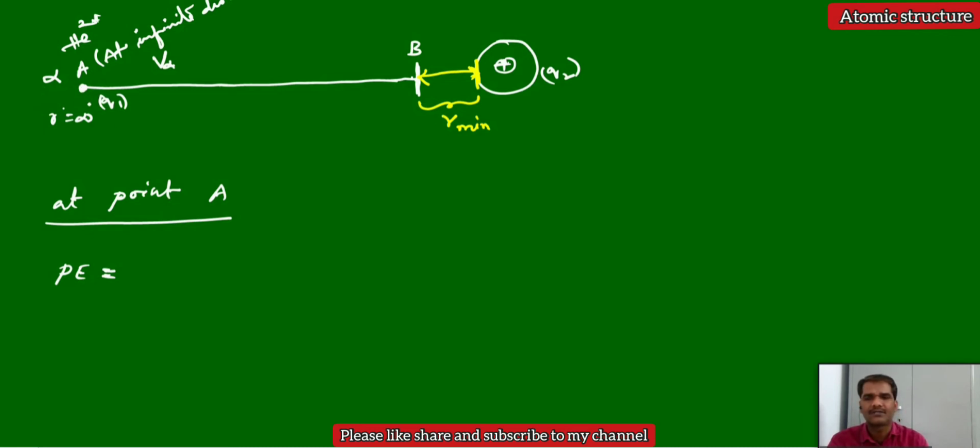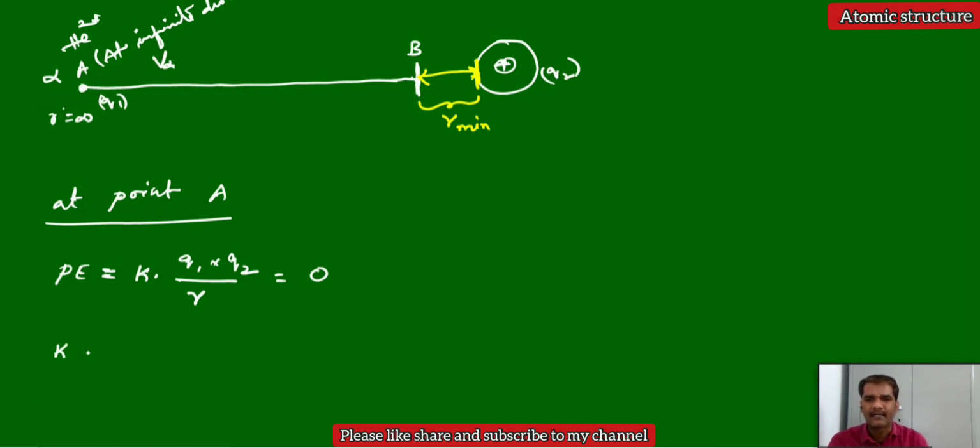Then the potential energy between two charged particles present at a distance, what is the distance? Infinite distance. Then potential energy is equal to K Q1 Q2 by R. What is R? R is equal to infinity. Then something divided by infinity gives 0. So at this point the potential energy is equal to 0.